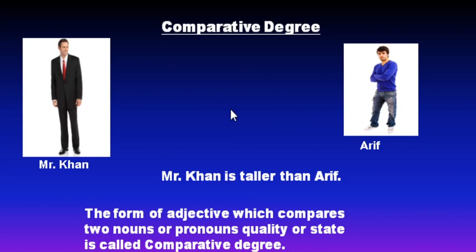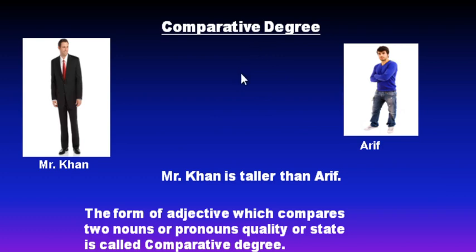We know that when we change from positive to comparative, we use the second form. At first, positive degree, tall is positive, then when you transform into comparative degree, you have to use er with the adjective, taller, and in case of superlative degree you have to use est with the adjective.